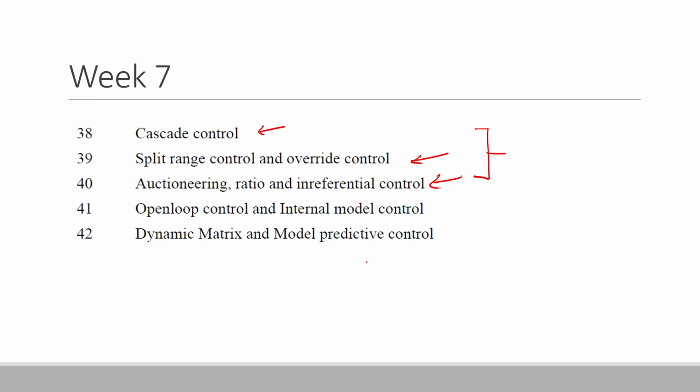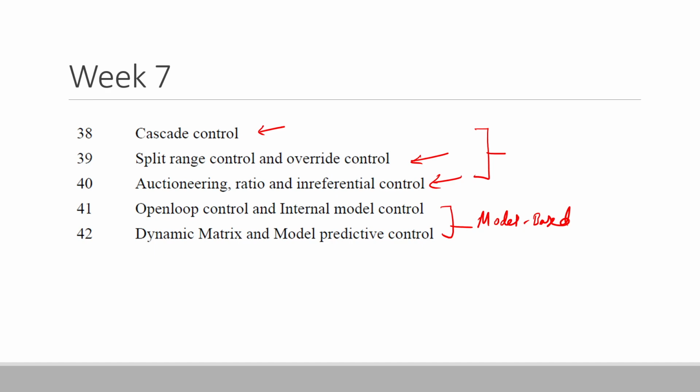Whereas the last 2 we call model based. What we propose is that we can have an idea about the process model. For example, if we are using a CSTR, then we can have the governing equations of the CSTR, which include the material and energy balances, and that can give us a model.